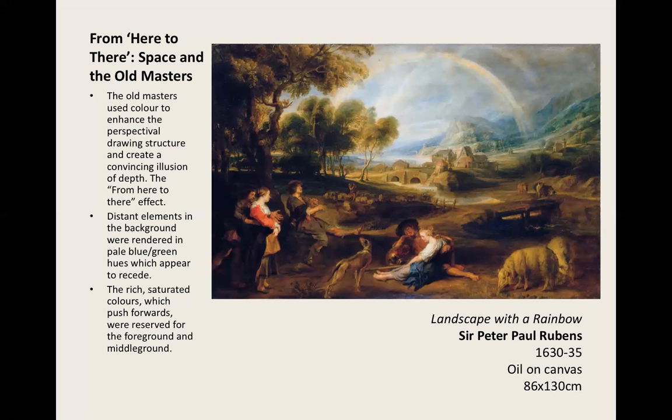They're pale and they're blue and they're green, all things that will make a colour appear to be receding. So by working between the scale of light and dark, in this case the darker, richer colours at the front and the pale, cooler colours at the back, there is a sense of very convincing depth occurring in Rubens's painting.